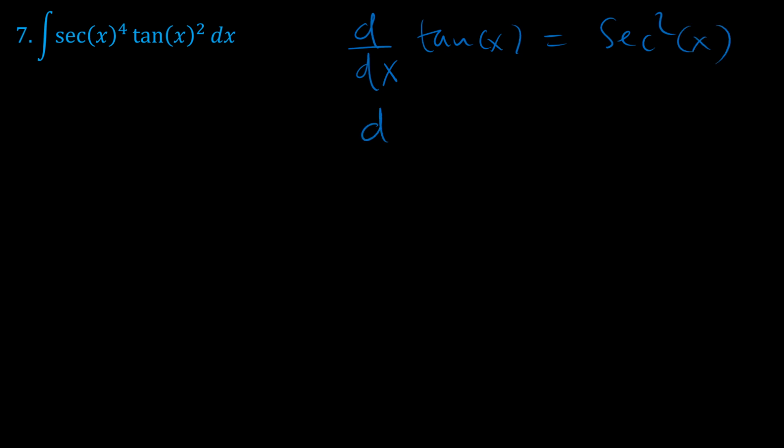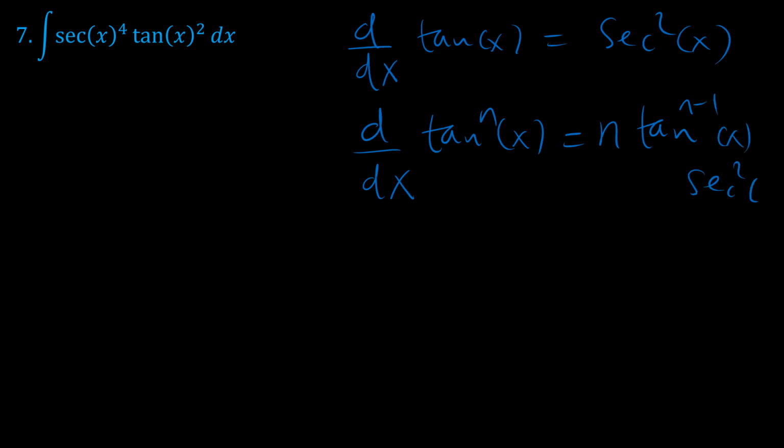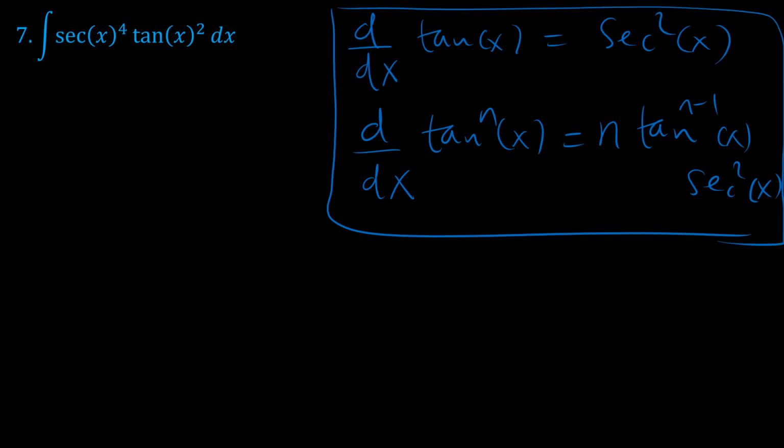The derivative of tangent to the power n of x is the same as n tangent to the power n minus 1 of x times sec squared x. Okay, so this is something that I just want us to have in mind, so that when you integrate, anyway, let's go and try to solve it.